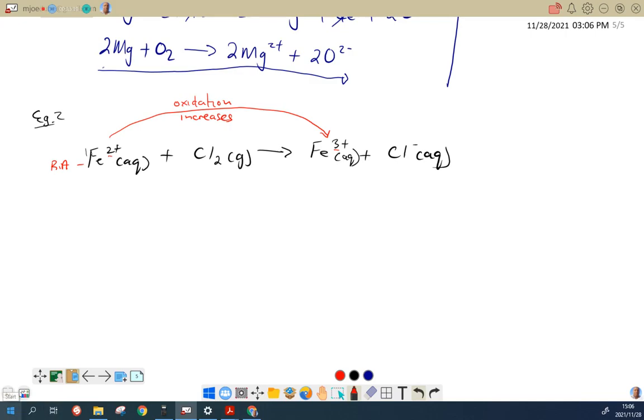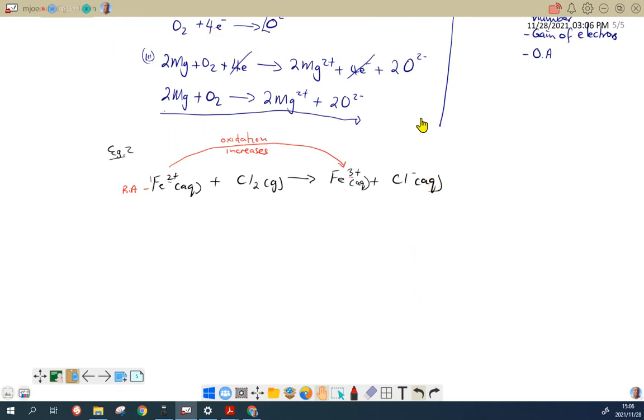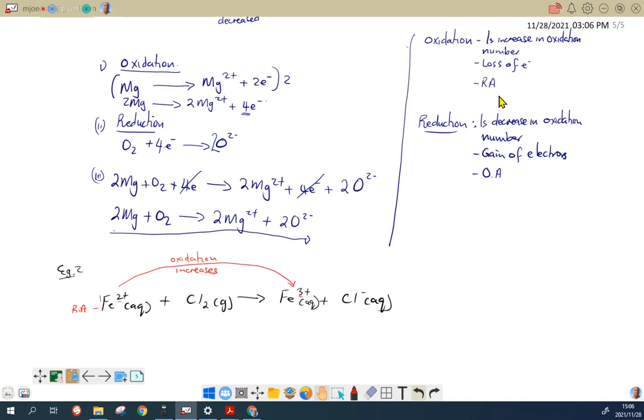Looking at the summary we gave above: an increase in oxidation number, loss of electrons, means it's the reducing agent. So we've already identified the reducing agent. Then we look at your chlorine. Initially, chlorine has an oxidation number of 0. It's a molecule, so it has a net charge equal to 0.